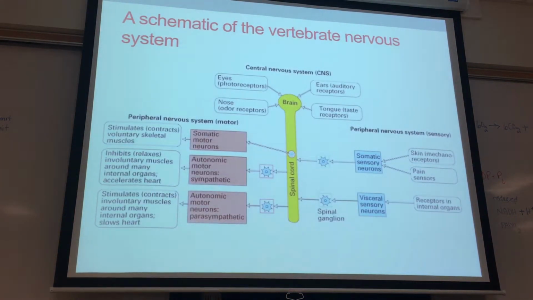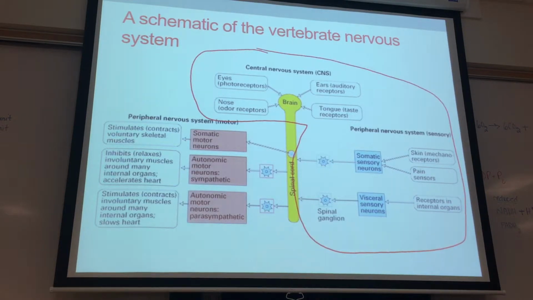Now let's take a look at it from pretty much the same perspective. But here we're dividing it up a little bit, so that we're able to divide information that goes into the integrative center and information that goes out of the integrative center.